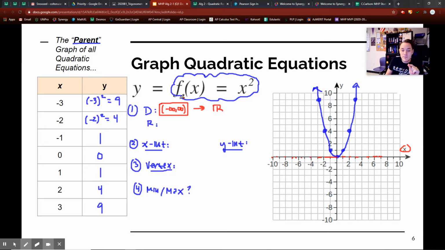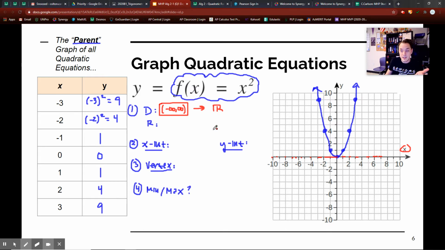If you graph a quadratic equation, if it asks you for the domain, it will always be -infinity to +infinity. It will never be otherwise. It will always be all real numbers for quadratics. That's an easy answer that you could get right if they ask you that.